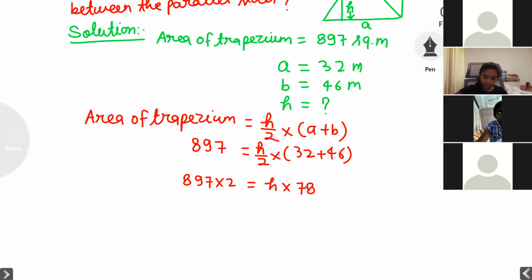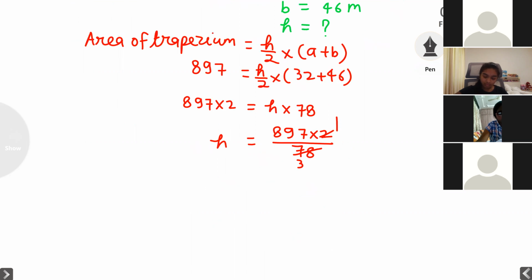Now height equals 897 into 2 upon 78. Simplification, 2 1s are 2, 2 3s are 6, 2 9s are 18. Height equals 897 upon 39. Answer is 23.